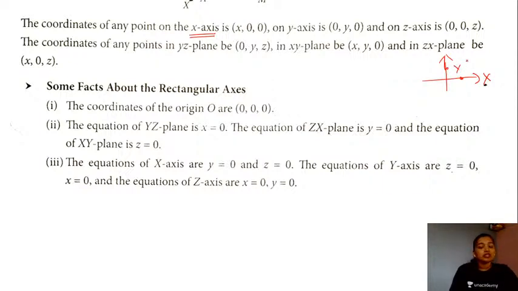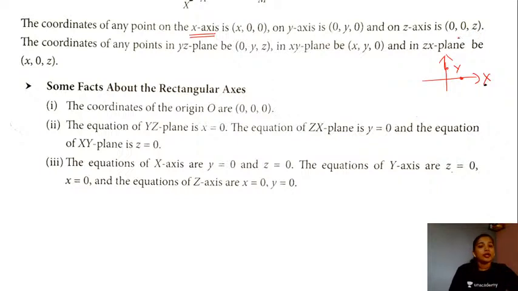The same follows in the three-dimensional setup, wherein if any point is on the x-axis, the y and z coordinates are 0. So it will have the coordinates (x, 0, 0). On the y-axis it will have the coordinates (0, y, 0). And on the z-axis it will have the coordinates (0, 0, z).